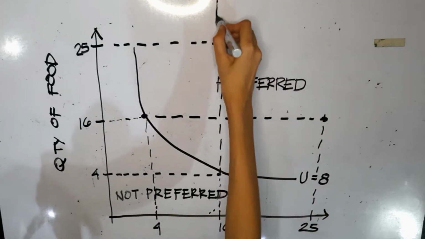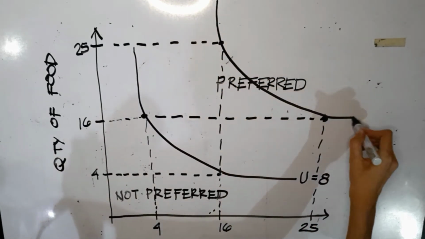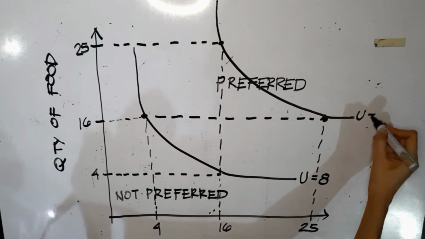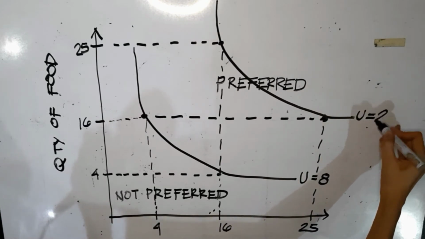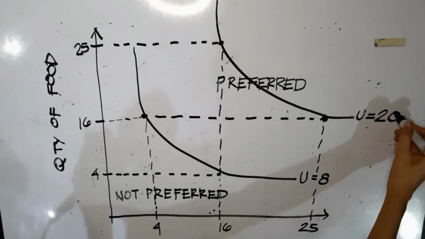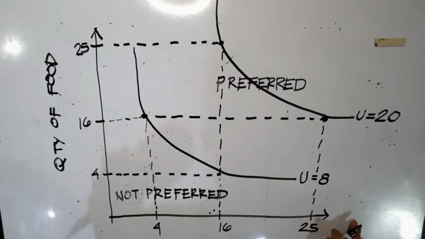So this curve right here would bring you a utility of 20, right?